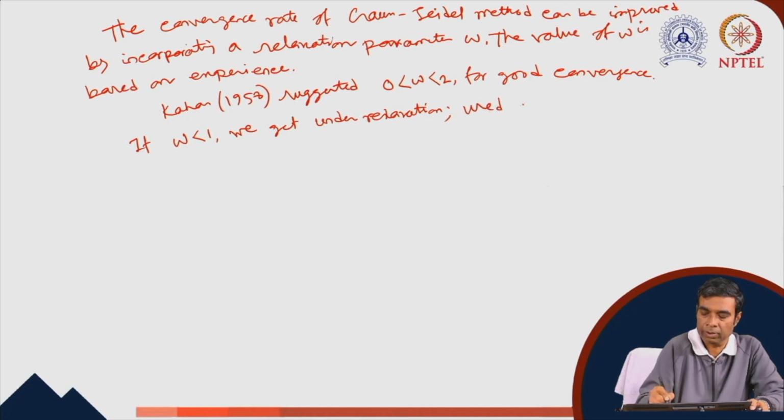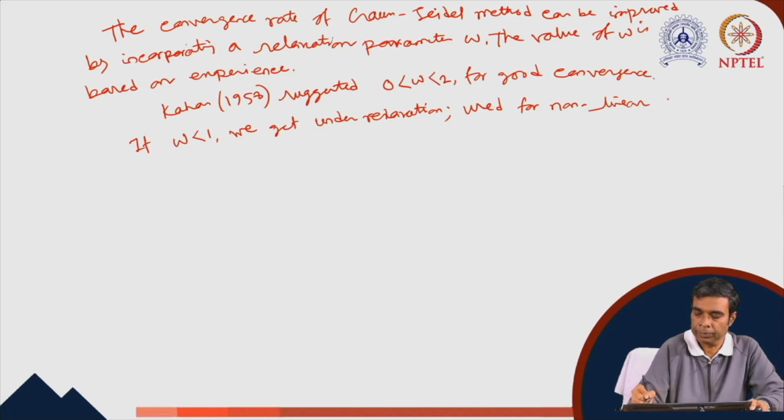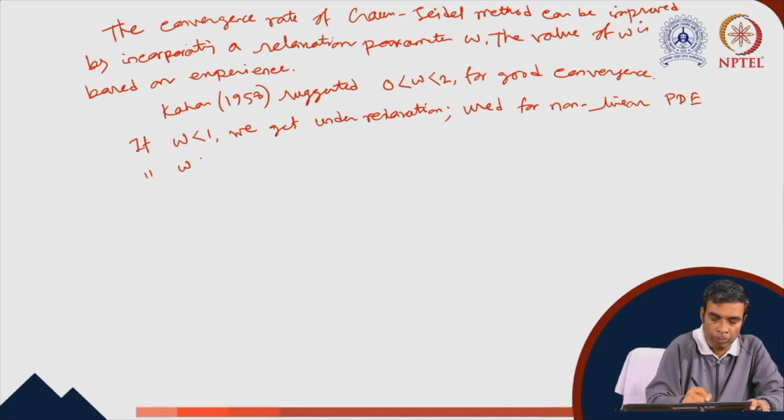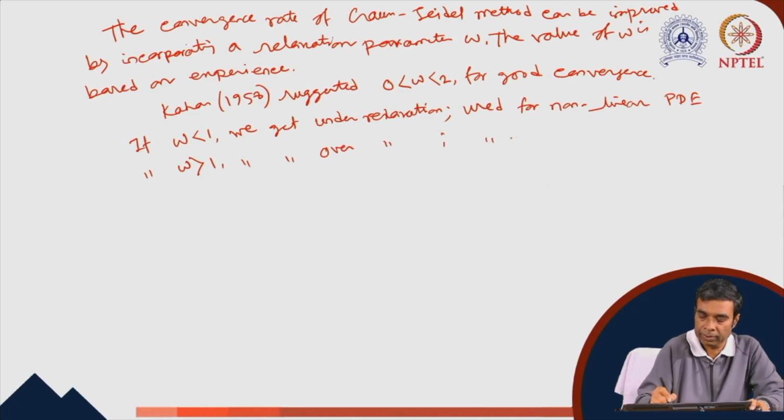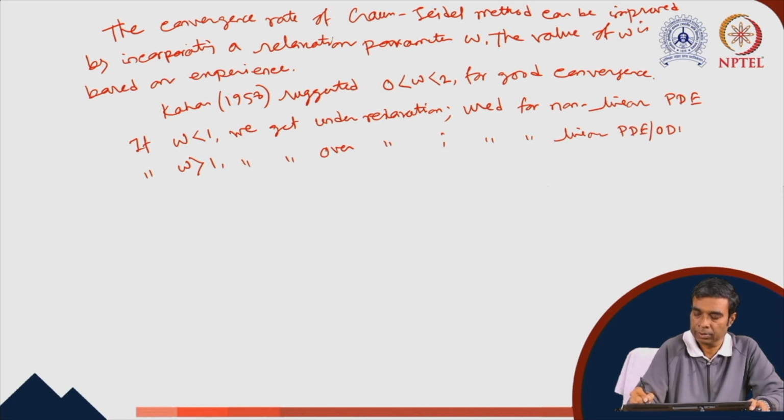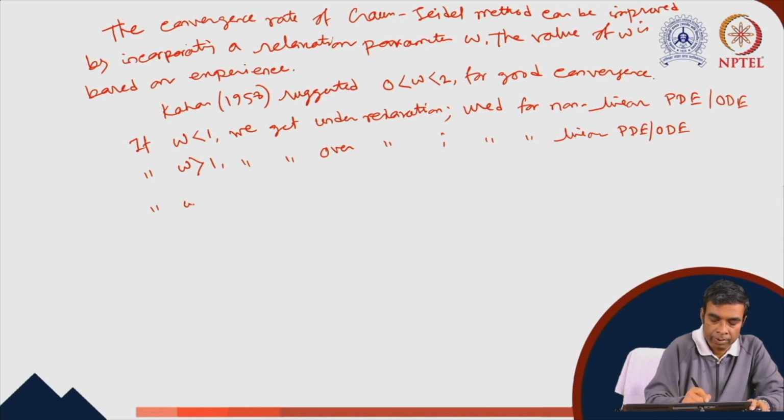This is used for nonlinear partial differential equations. If omega is greater than 1, we get over relaxation. This is used for linear PDEs or ODEs. And if omega equals 1, the method is known as Gauss-Seidel.